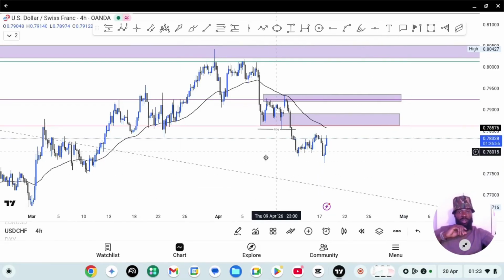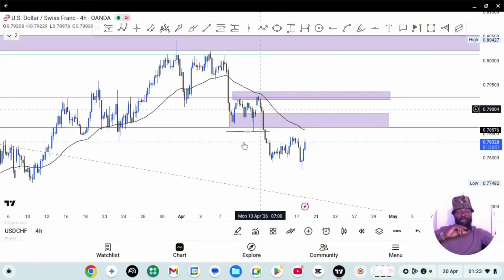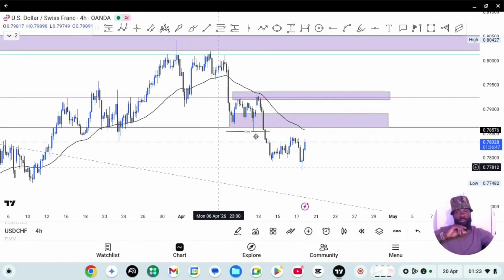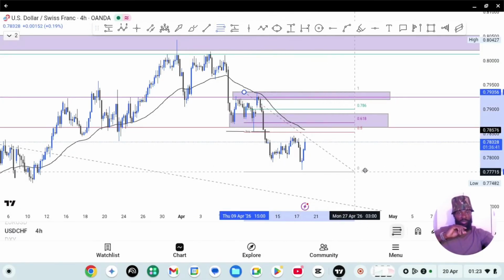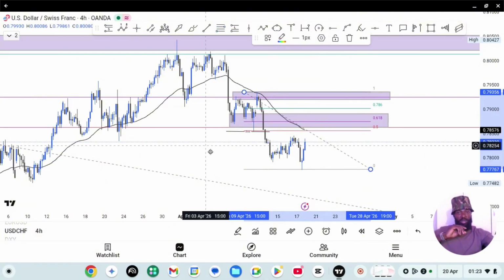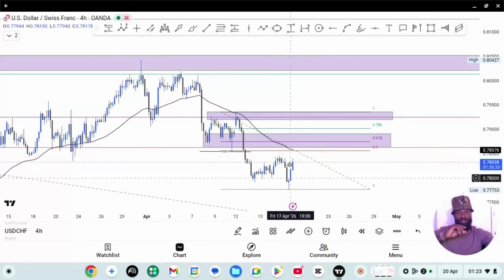Now let's also put our Fibonacci level to know if we are in our discount or in our premium on this 4 hours time frame, from the swing high down to the swing low. You can clearly see we are still in our discount level.